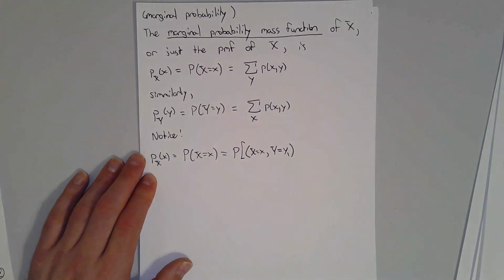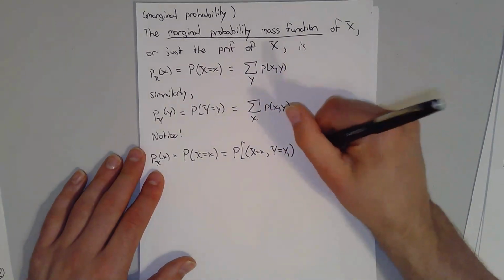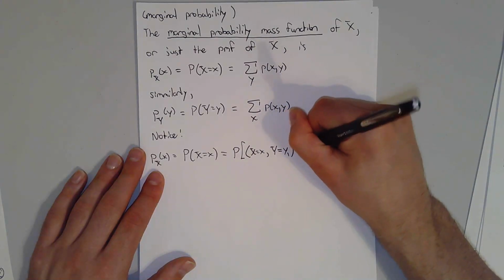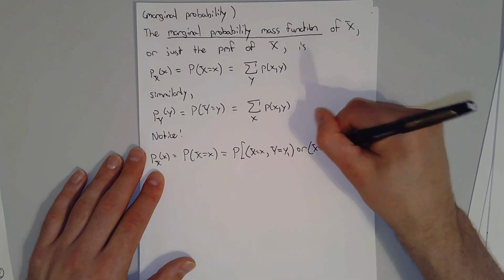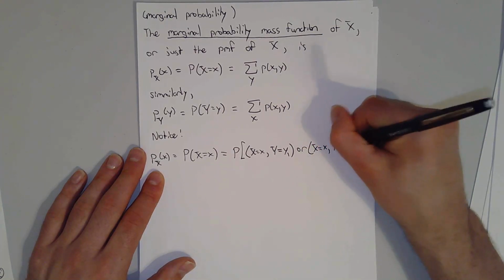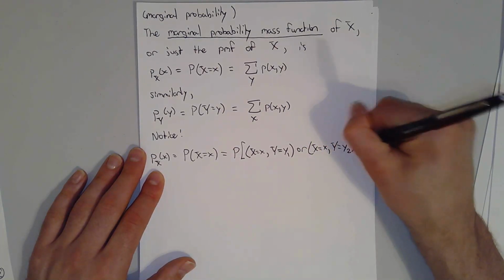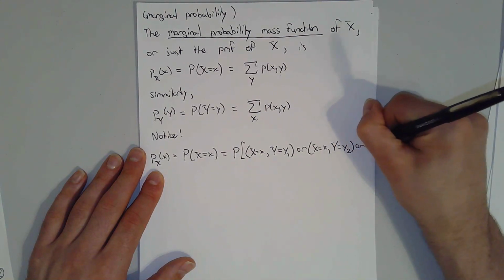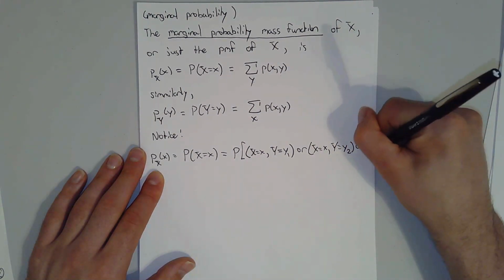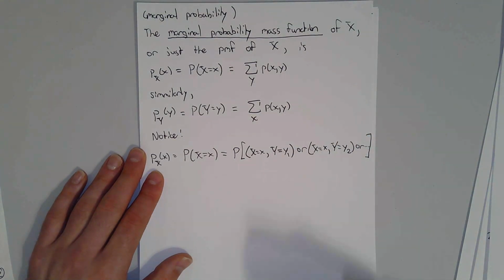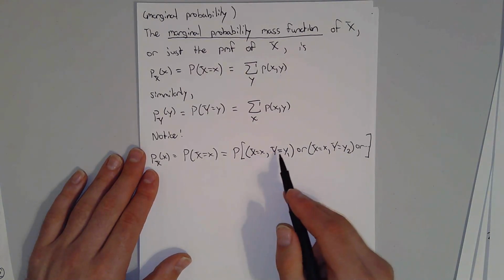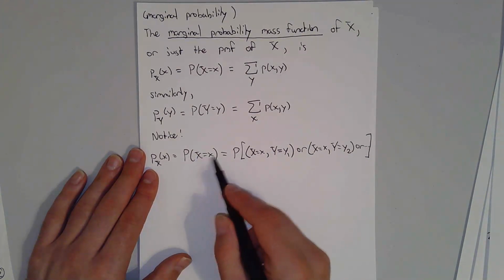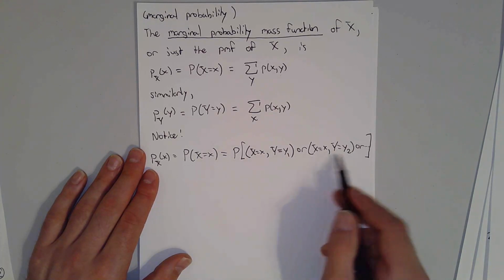We'll call it little y1. Or capital X is equal to little x and capital Y is equal to little y2. And it goes on for all the possible values that capital Y can take on. So we are breaking the case of X equal to little x into these disjoint cases.